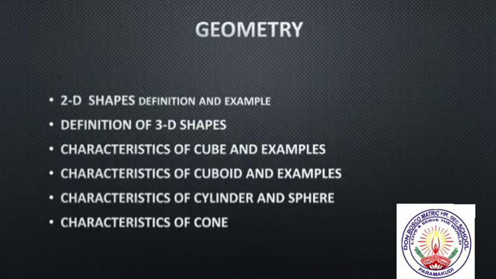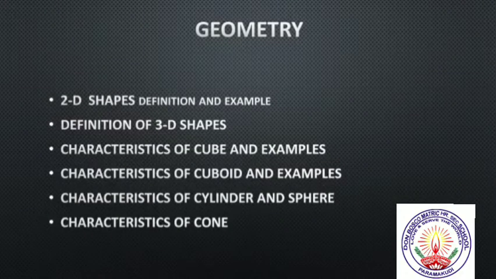The definition of 2D is a shape that only has 2 dimensions and no thickness, like square, circle, triangle, etc. are 2-dimensional objects. 2D means an object that has only 2 dimensions, such as width and height, but no thickness.